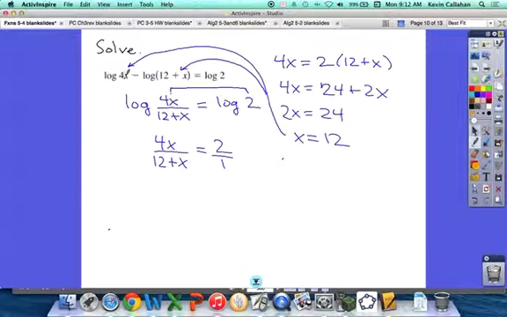Let's see, if I put in a 12, 4 times 12, 48, that's positive. 12 plus 12, it's 24, that's positive, so that'll work. No extraneous. We're good with that? Okay, one more.